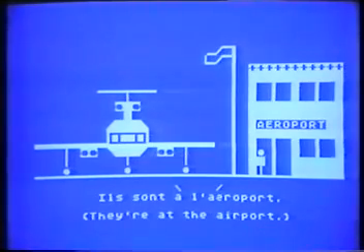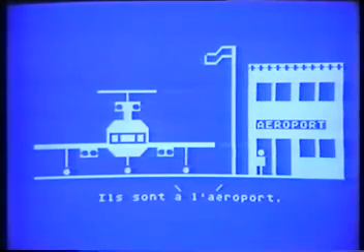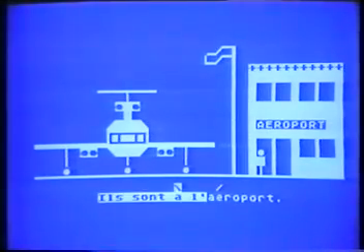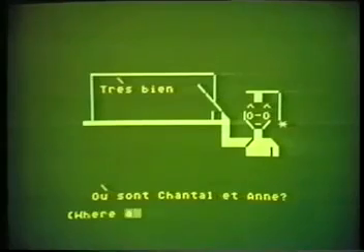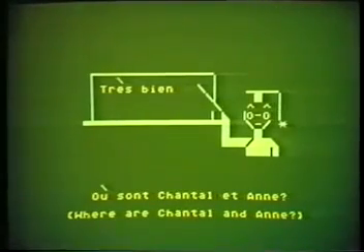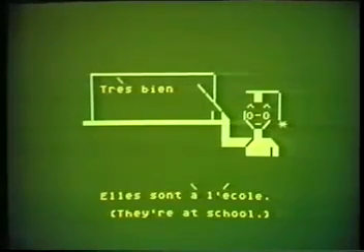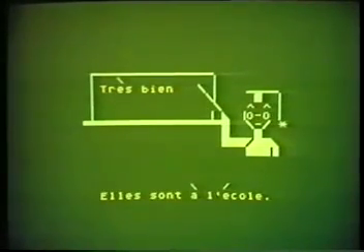Ils sont à l'aéroport. Où sont Chantal et Anne? Elles sont à l'école. Très bien. Merci beaucoup.